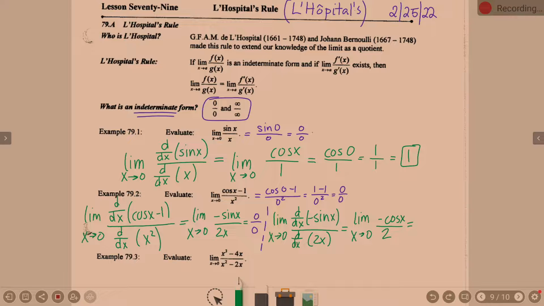Negative cosine of 0 over 2. Cosine of 0 is 1, so we end up with negative 1/2.